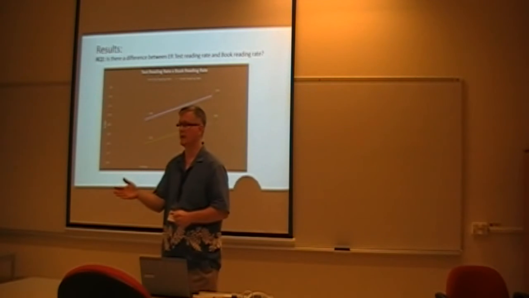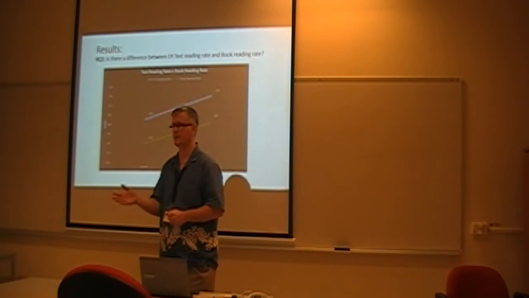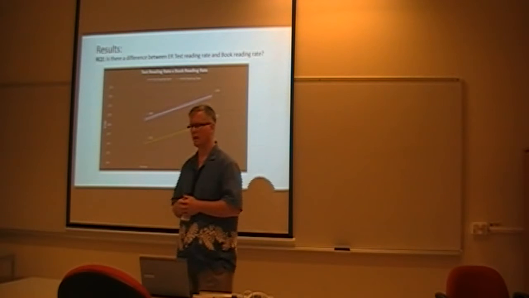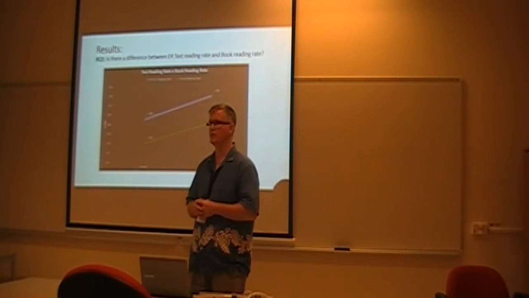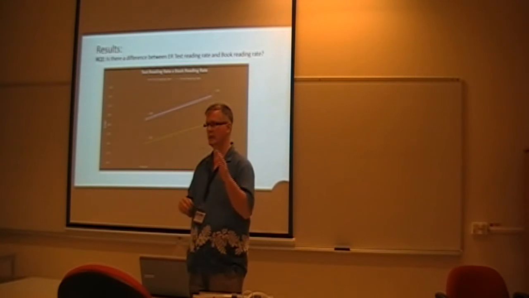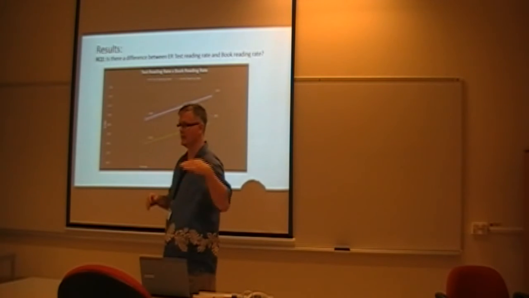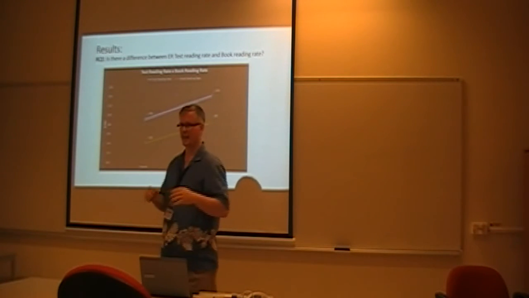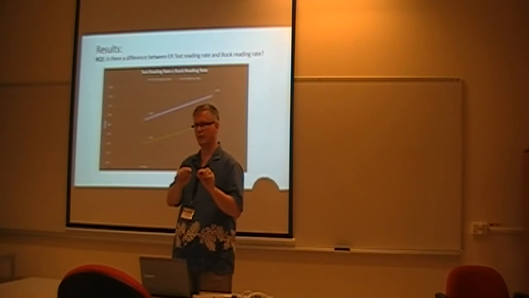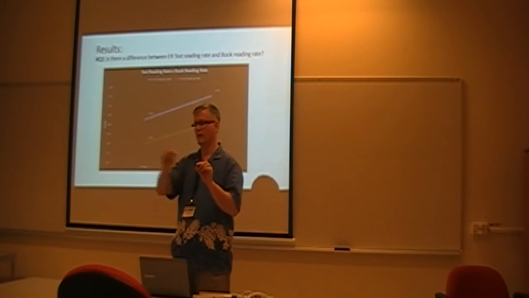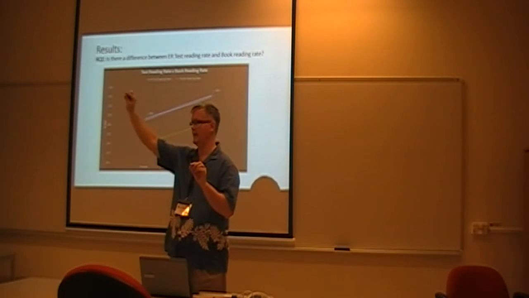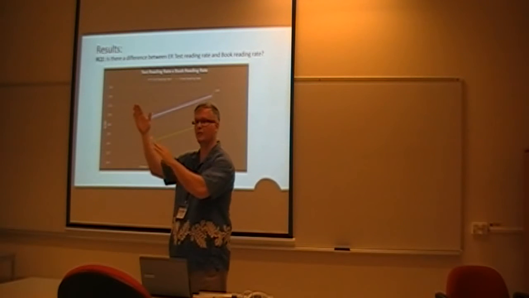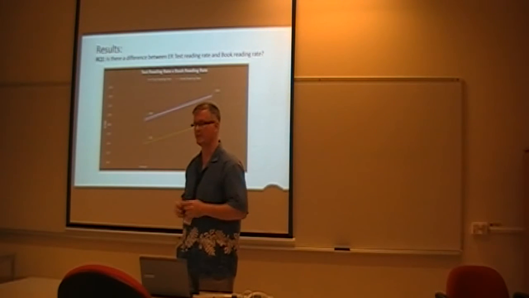And so, like you said, just do that at the beginning of the semester and the end of the semester. But I would rather do that over the course of a semester and see what is the curve, and do they increase in reading rate kind of this way or this way or this way? What is the curve of that increase in reading rate if you do that over the semester?